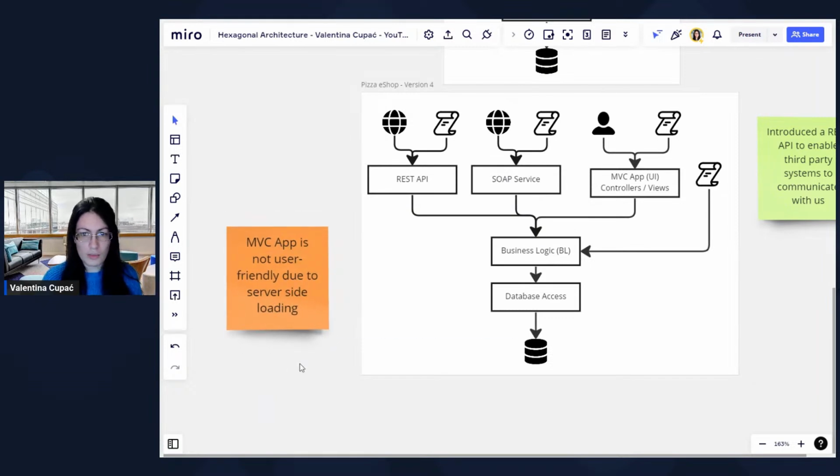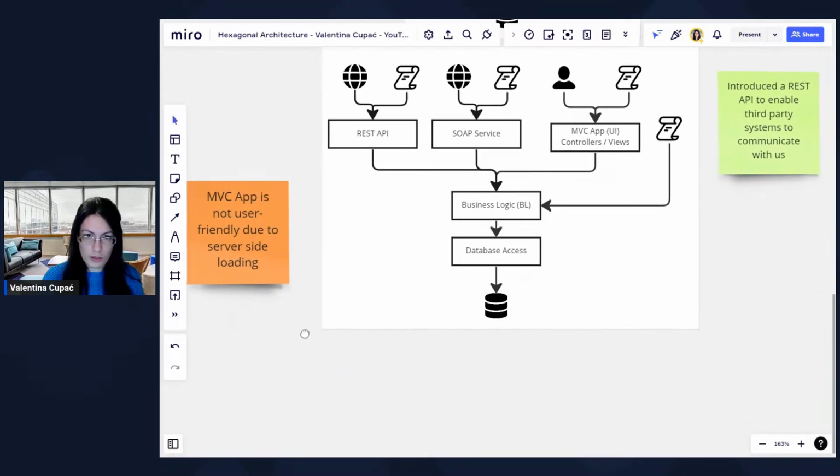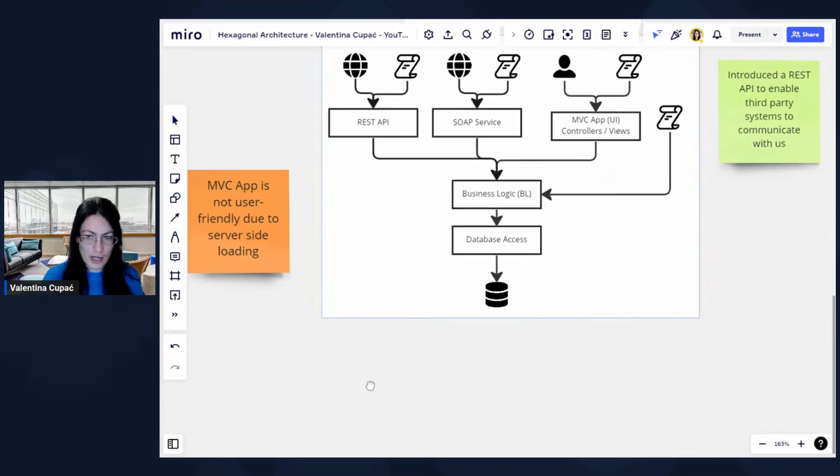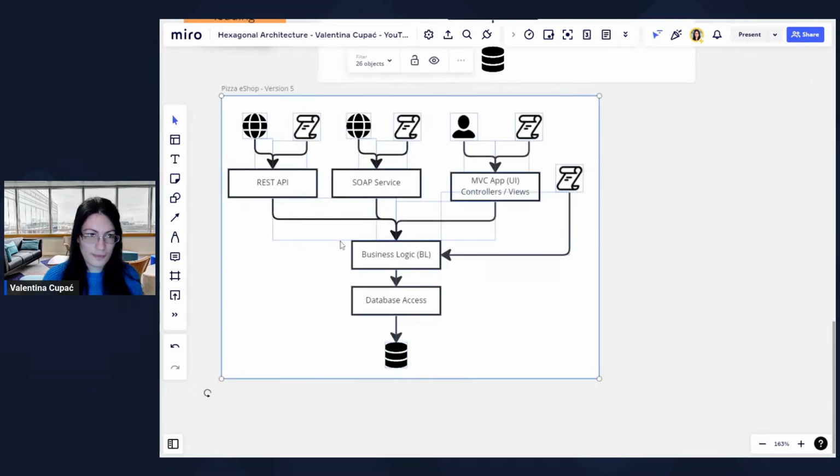Instead they would prefer to make a React application, for example. So let's see how we're going to do that.